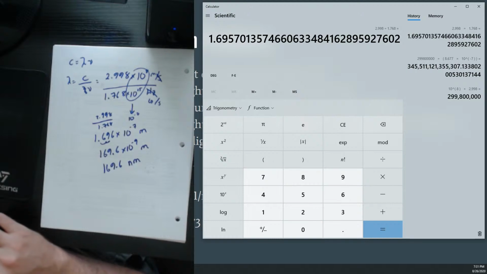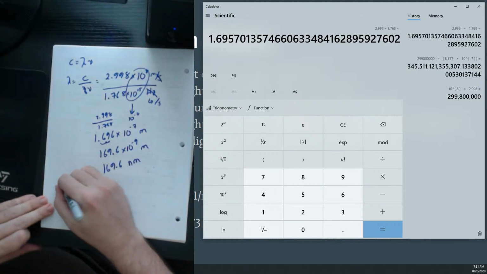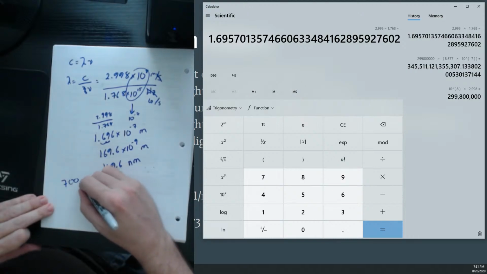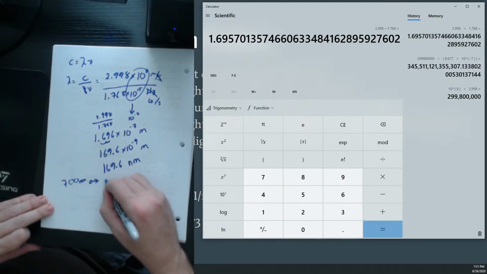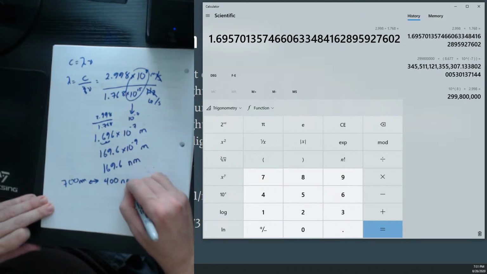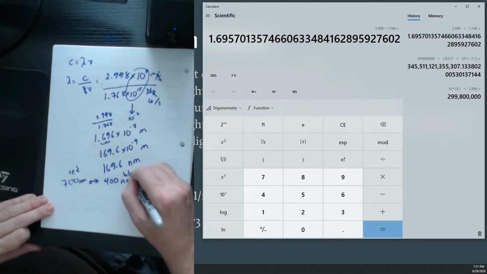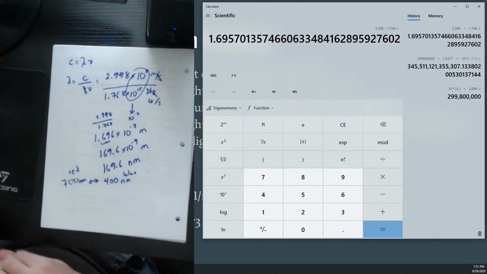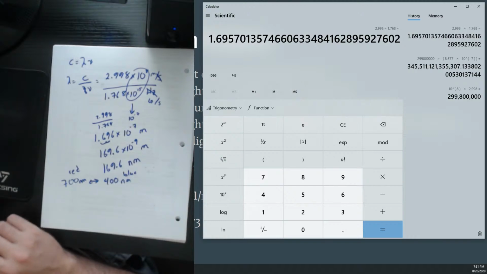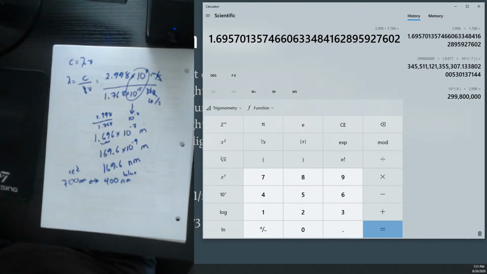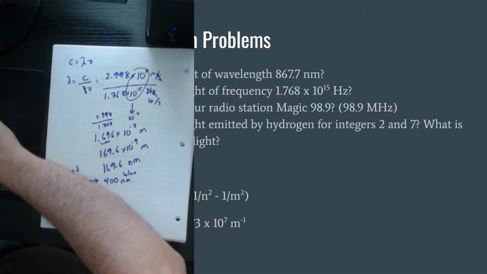I know it is ultraviolet because visible light goes from about 700 nanometers for red to 400 nanometers for blue. So 169.6 nanometers is on the far side of blue, somewhere in ultraviolet. All right, moving back to the problems we have here.